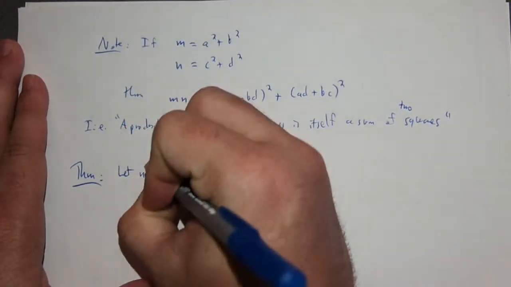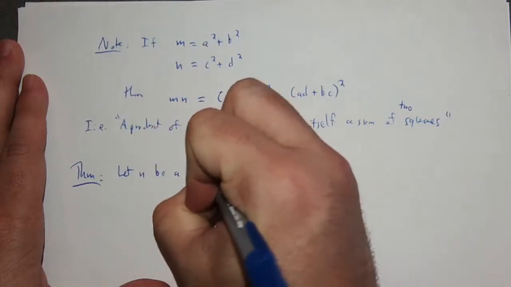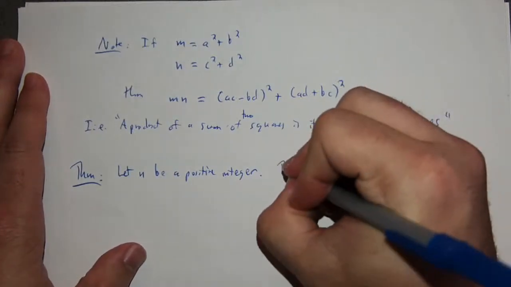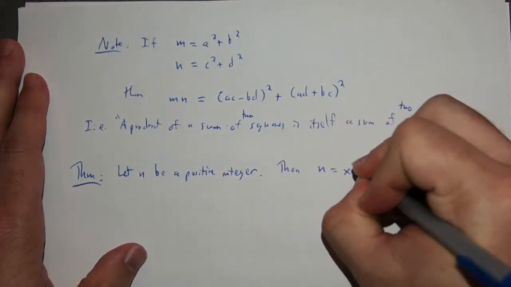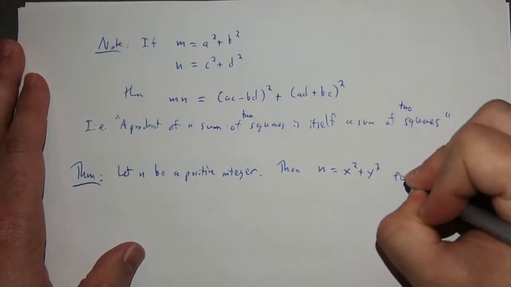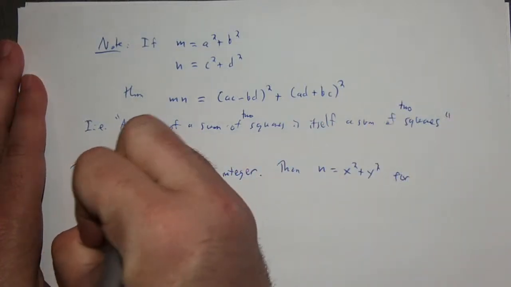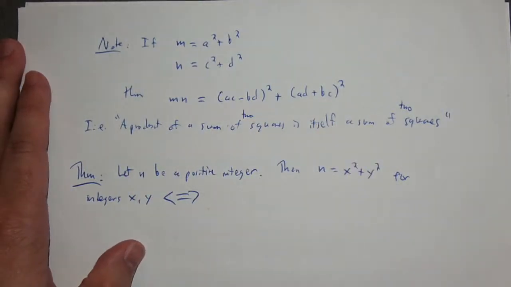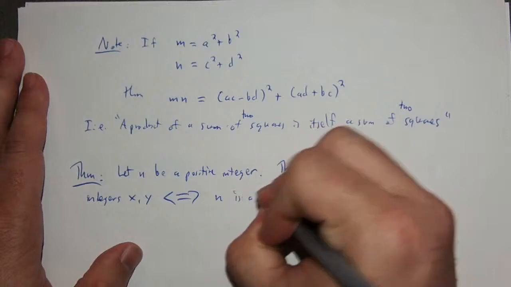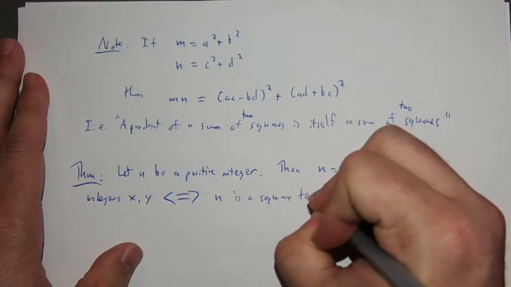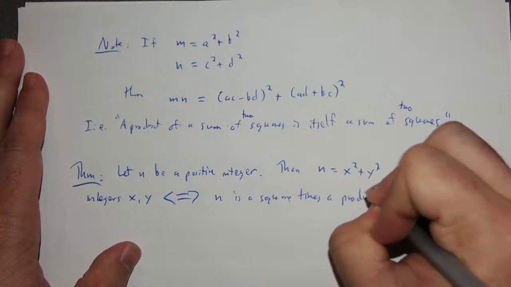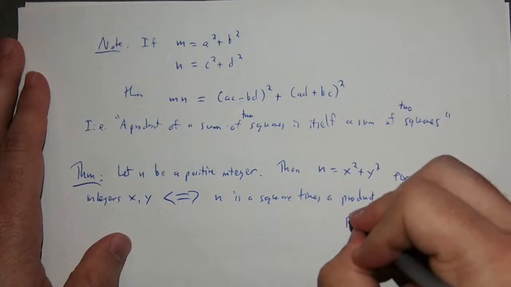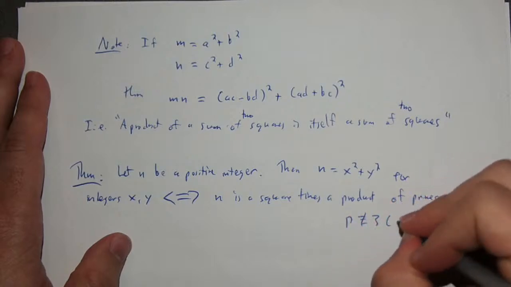So let n be a positive integer. Then n is equal to x squared plus y squared for integers x and y if and only if n is a square times a product of primes that are not congruent to 3 mod 4.